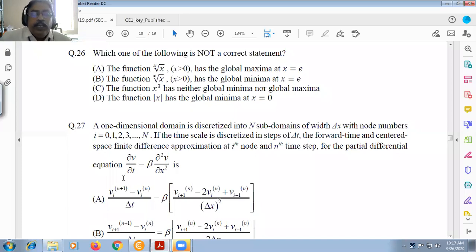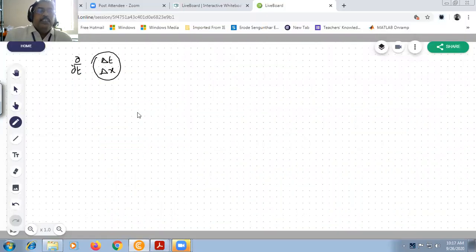Dou v by dou t, you have to find forward time centered space. Forward time means f of x plus h minus f of x. This is forward time.